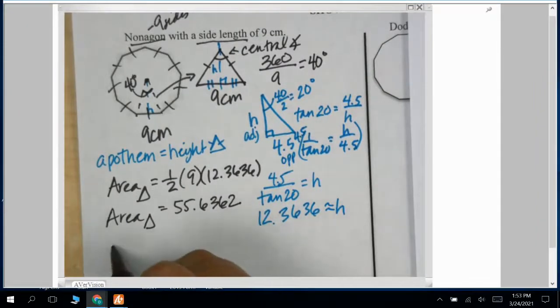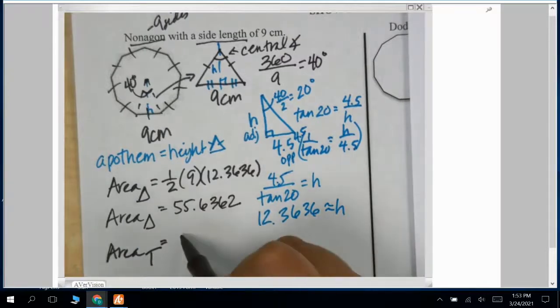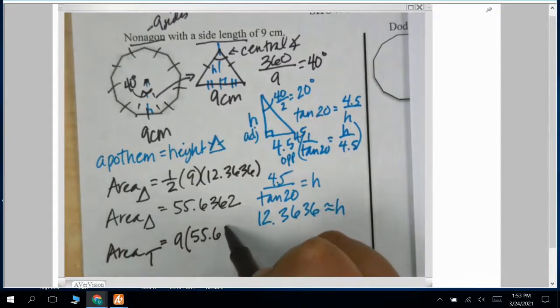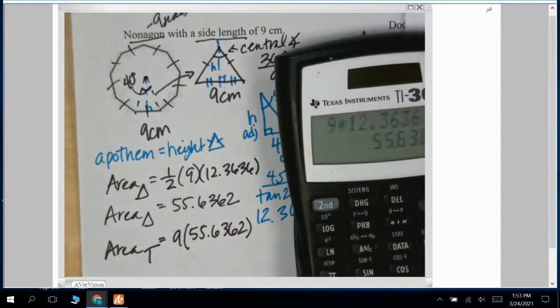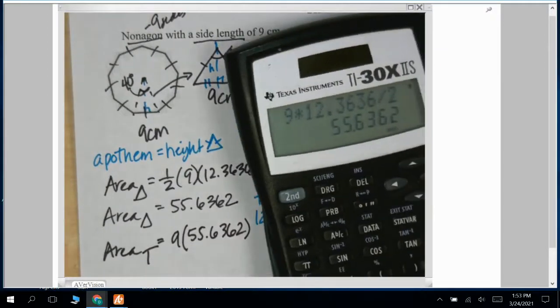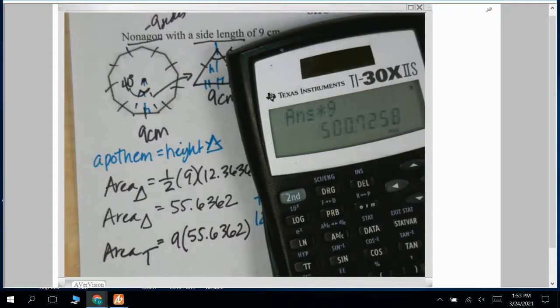So the area of my total is 9 times the area of one of those. And now I can type that into my calculator. So I take that answer and I want to times it by 9.